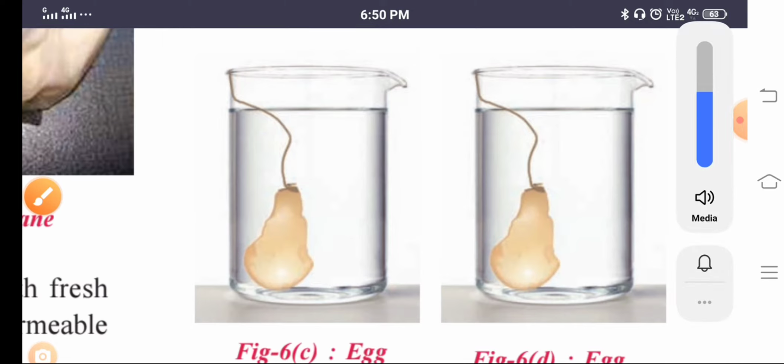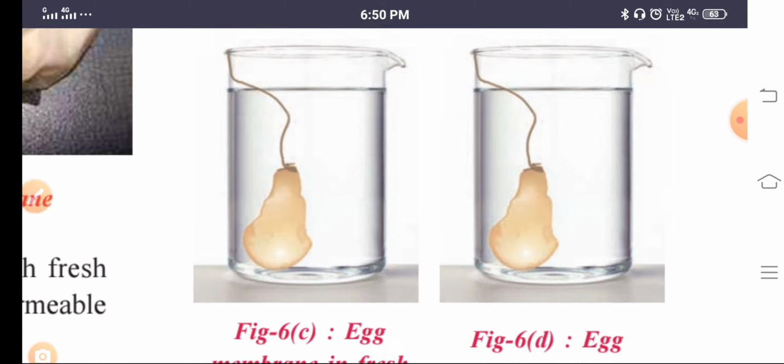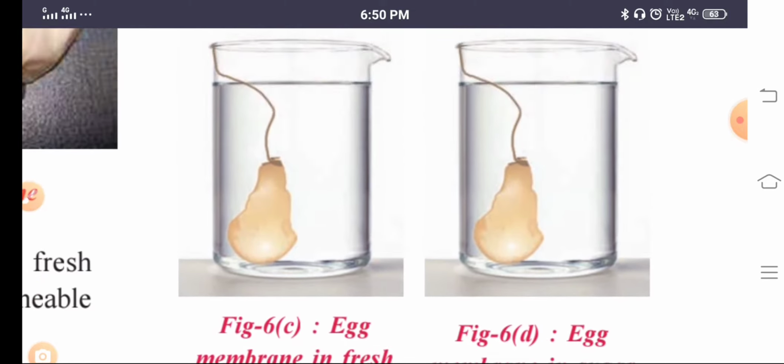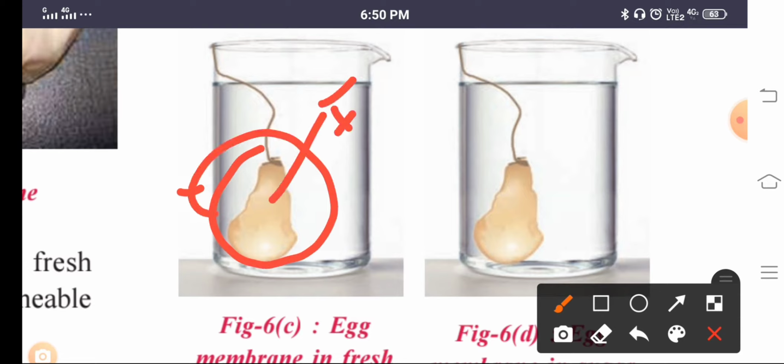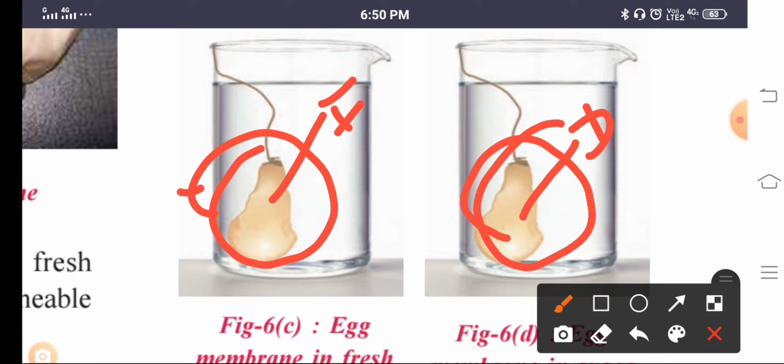So now you can see that the size of this plasma membrane will be increased, whereas the size of the other plasma membrane will be decreased, it shrinks. Shrinkage, why? Because we kept it in a highly concentrated beaker, and inside is low concentration, so water moves from low concentration to high concentration.